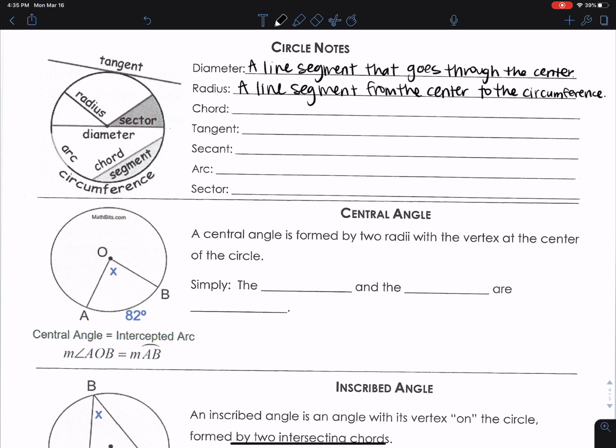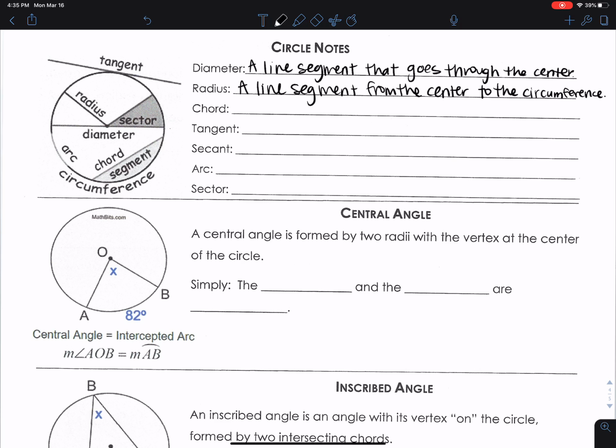So remember, the circumference is this part. It's all the way around the circle, as it says in this diagram. So the radius goes from the center, which is here, all the way out to the circumference. You've learned about those before, so the radius and the diameter shouldn't be difficult.